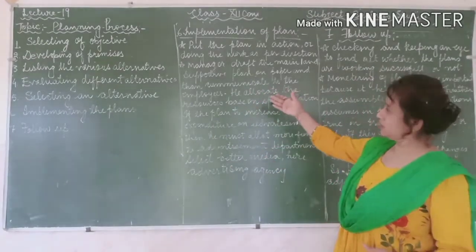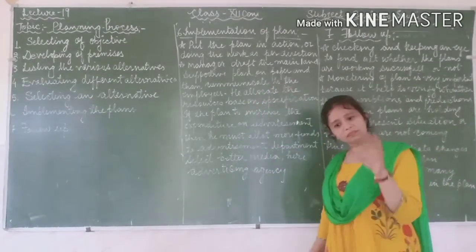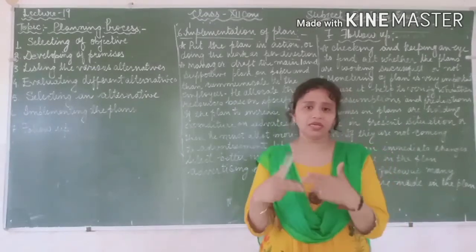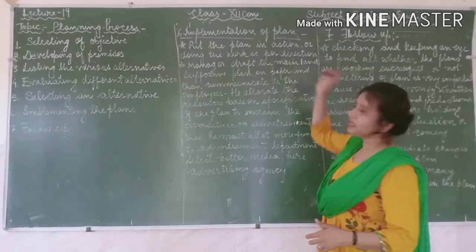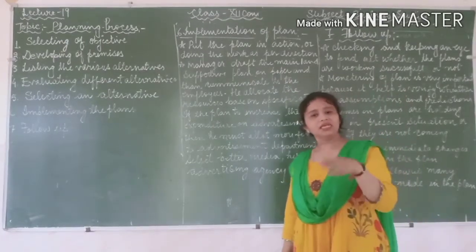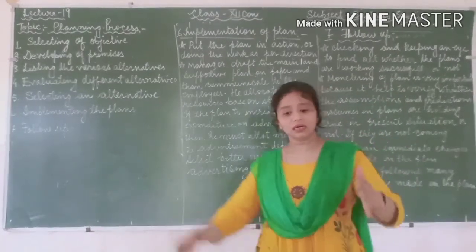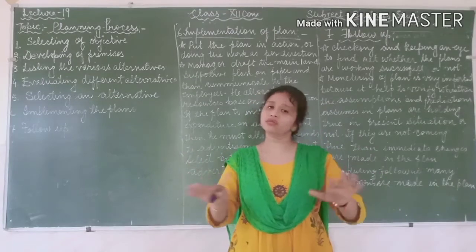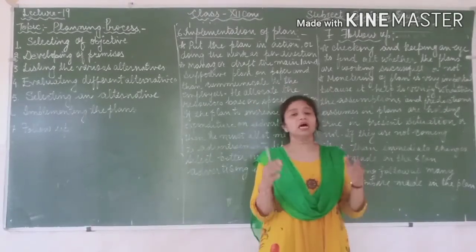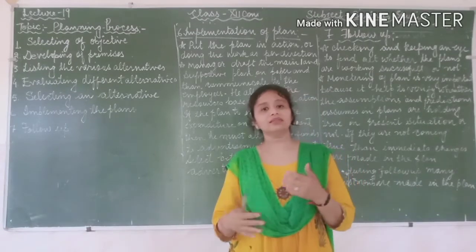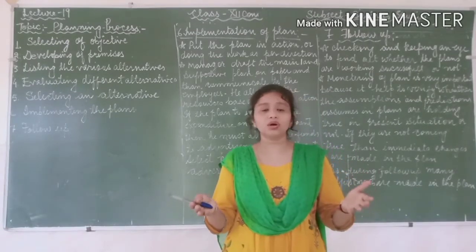The sixth point is the implementation. Implementation means application of the executive plan. It means put the plan into action. A plan is useless if it is just on paper. It is good to plan and frame, but unless it is in action, nobody can know what the pros and cons are.